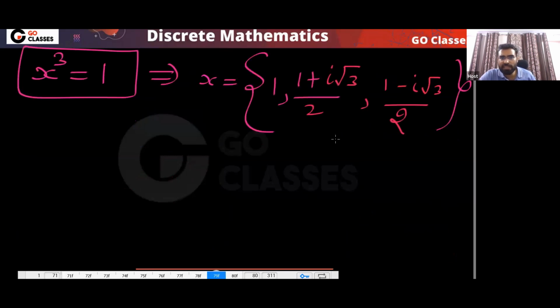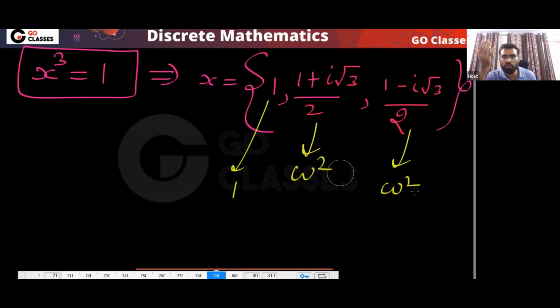Now let me tell you, people write one of these as omega and the other as omega square. Very simple. You can write this as omega square or this as omega, it does not matter.